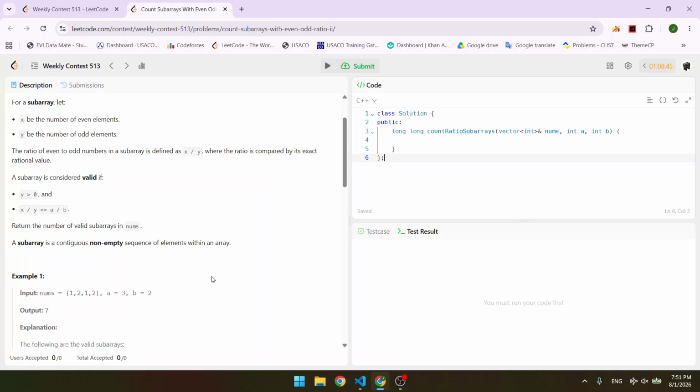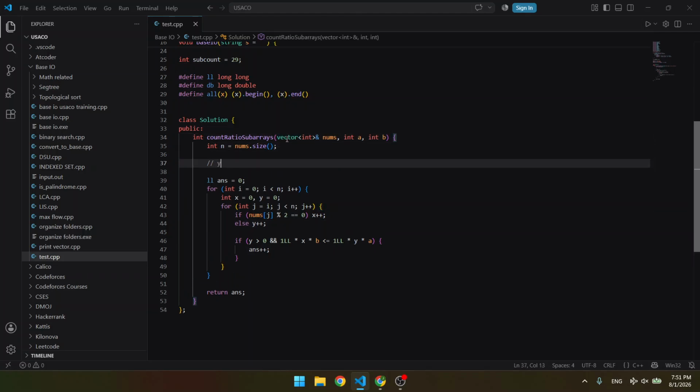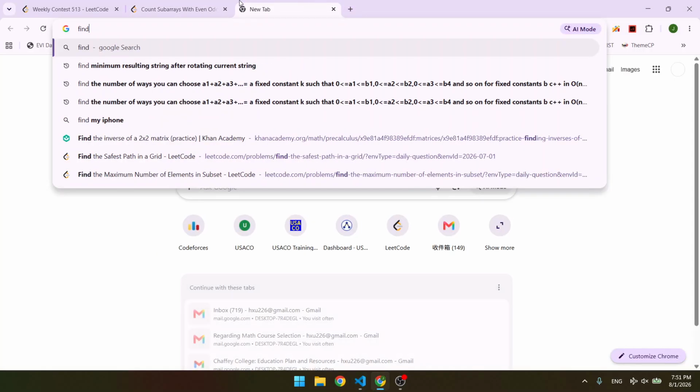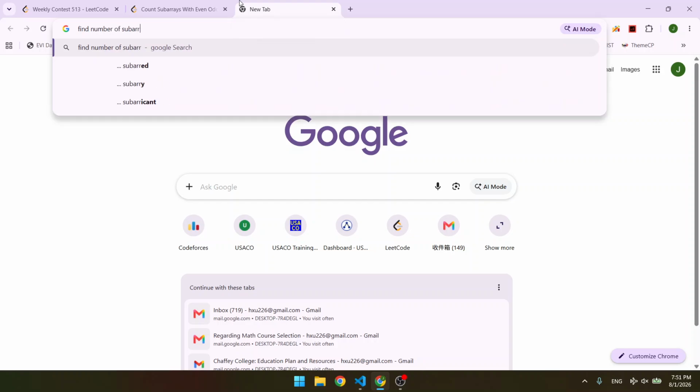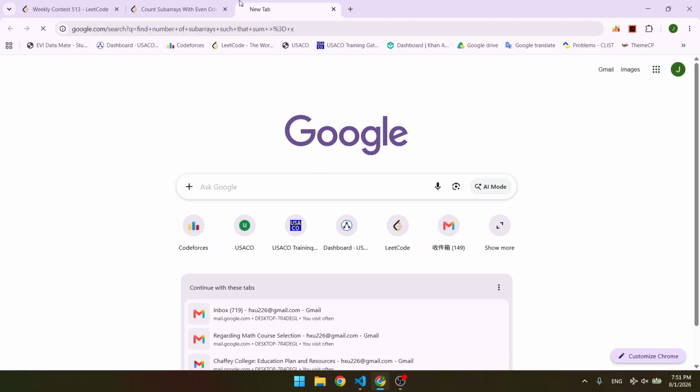Then y has to be greater than 0. Okay. So let's write this down. We have y is greater than 0, y is greater than b times L divided by a plus b. Just find the number of subarrays such that the sum is greater than or equal to x.